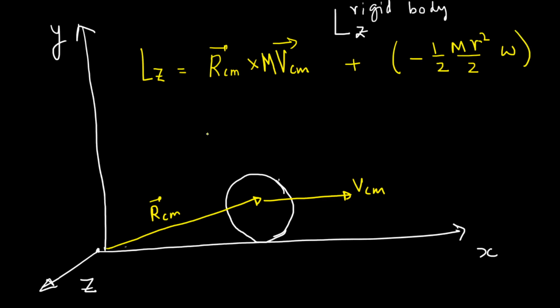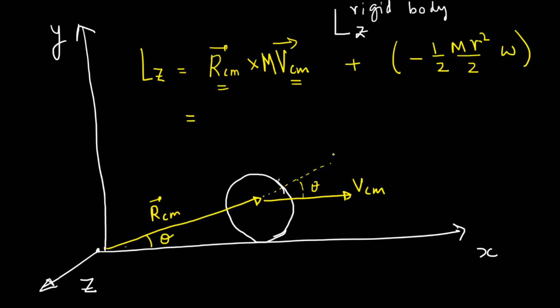Okay, now look here. What is clear is that this is theta, the angle between R and VCM, and the magnitude of this cross product I can tell you quite easily.